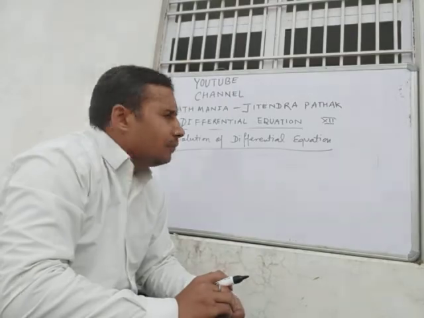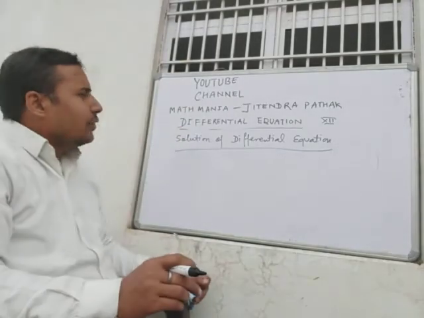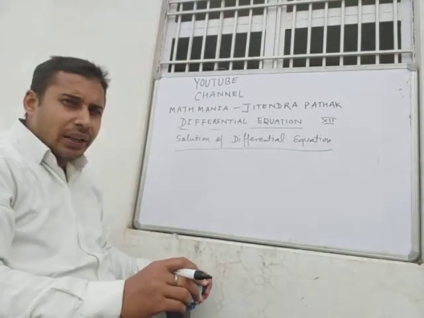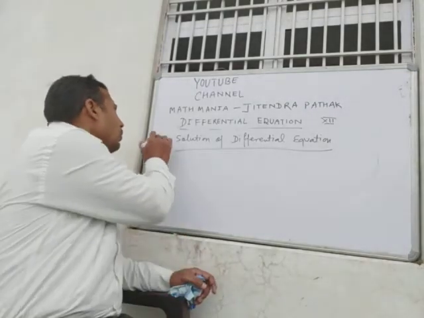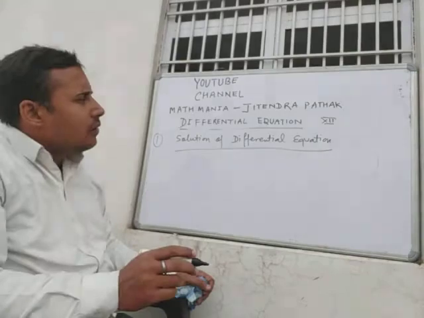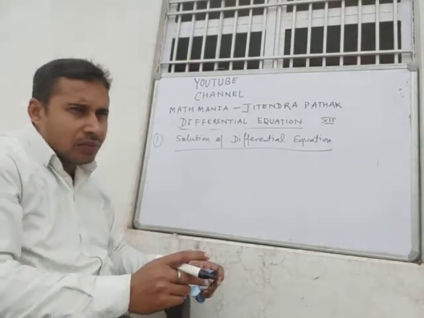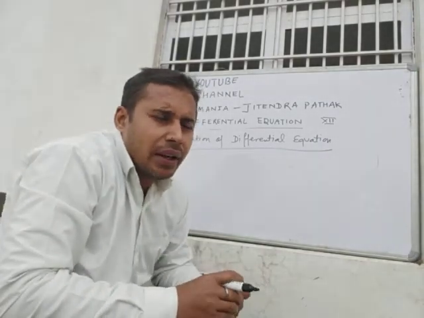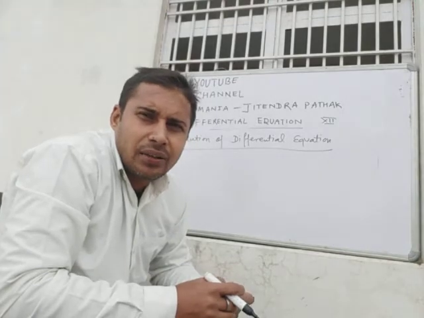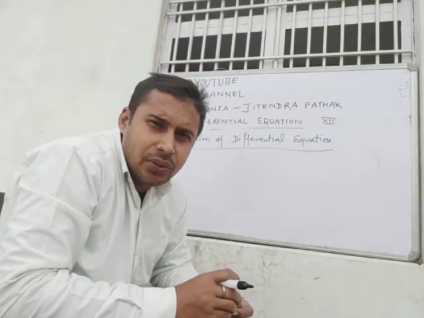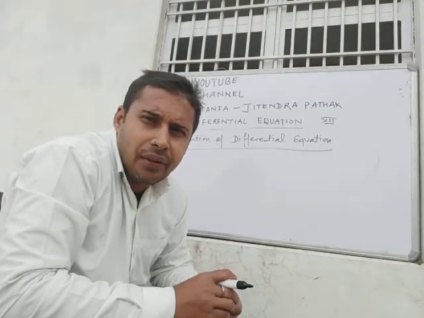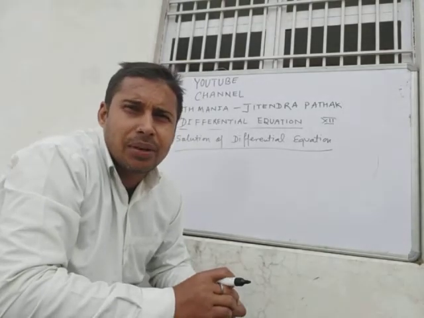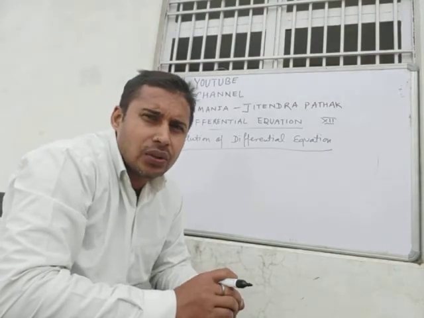Suppose that first of all, first rule, equation containing dependent or independent variable. First rule is variable separable rule. How can we solve variable separable rule? So let's start.